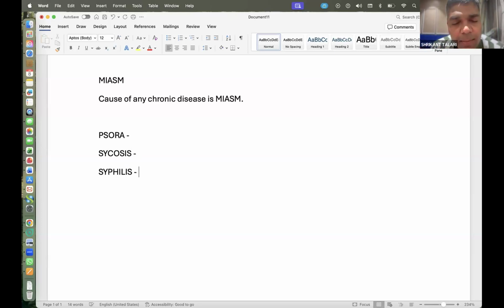or, like Hahnemann said later on, that miasms have overlapped over each other, and there is a combination of miasms that you see. Then we used to say that all remedies have all miasms. Miasm is not such an important thing.